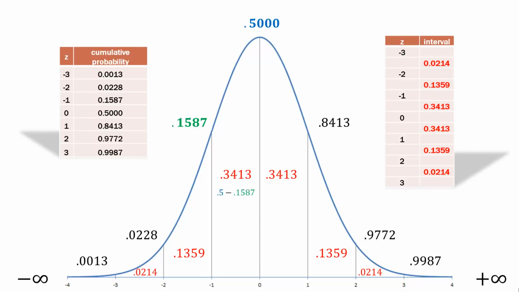So for example, if we wanted to find the probability in this area between -1 and 0, we just take 0.5 minus 0.1587, and that gives us that probability in there. So the probability of z between -1 and 0 is 0.3413. It's very easy to find the probability of each section in our distribution, the intervals between the deviations.